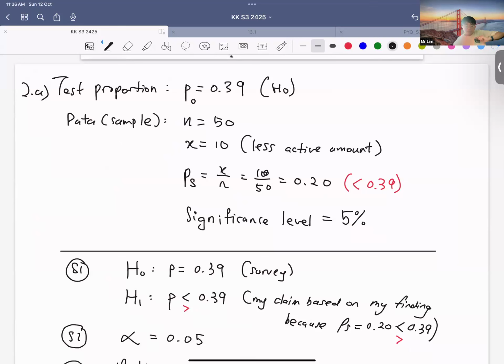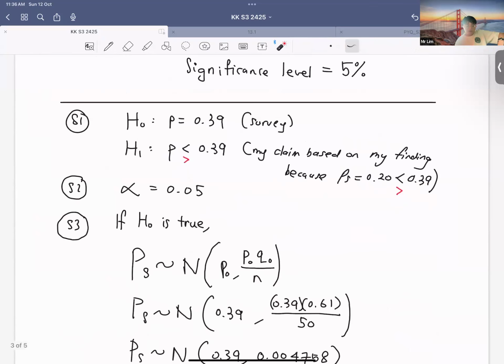That means that if I reject my H0, it looks like I'm accepting my H1. But in statistics, we don't say accept H1. Okay. But yes, we are going to write what is in the H1. We are accepting H1, but we do not explicitly write it.